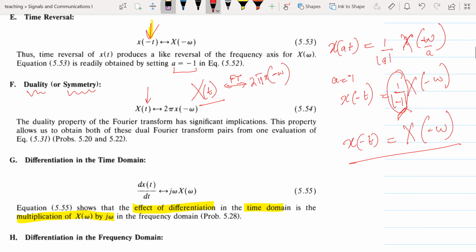So this is now no longer the Fourier transform. It becomes the property of duality or symmetry.